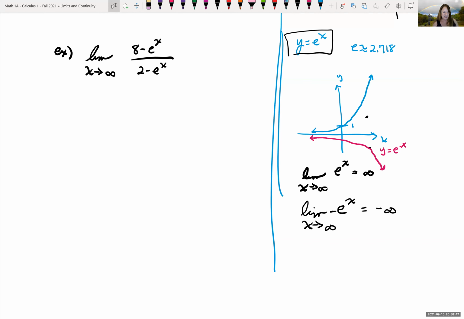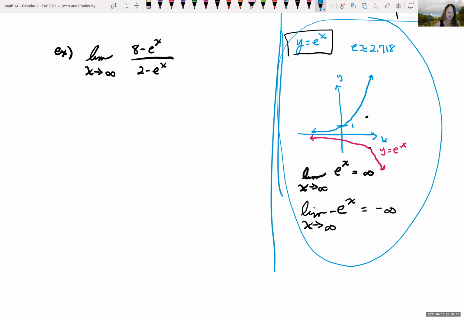Okay, so that was just some background on the graph of e to the x and negative e to the x, so that when we look at this limit, we can figure out what's going on. Here we have the limit as x is approaching infinity of this.